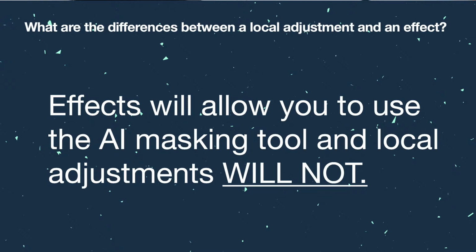So you're going to say, well, what if I want to use the AI masking tool to define my mask, and then I want to move it over to the local adjustment? Is there a way to do that? And the answer is yes, there's absolutely a way to do that. However, just keep in mind that if you want to use the AI masking tool, you're going to have to be on either the effects module, on a mask inside of the effects module, or on a mask inside of the layer module. Just make sure that you are in one of those places.